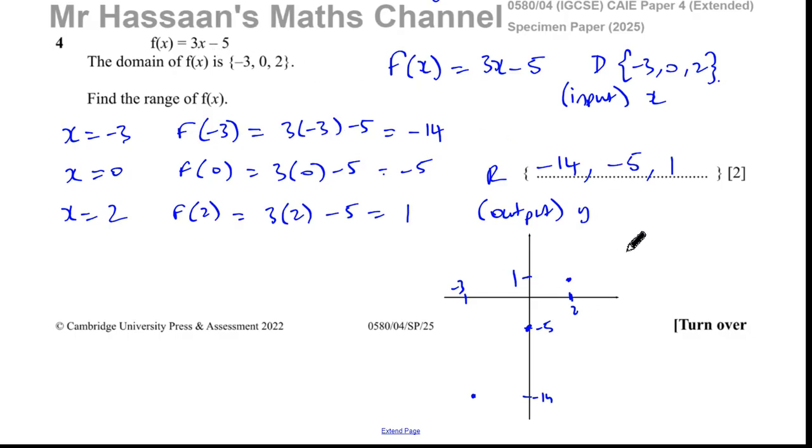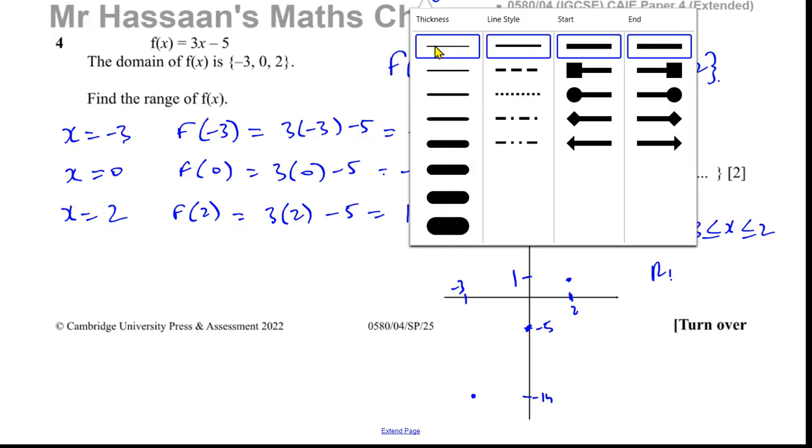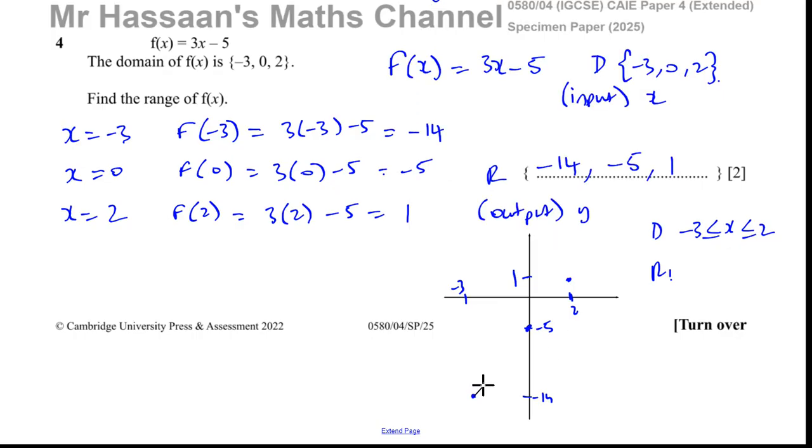If, for example, the domain of the function was x is between minus 3 and 2, then the range would basically have to include everything between minus 3 and 2. So you'd have to join these 3 points together, and your range would therefore be all the values between minus 14 and 1.